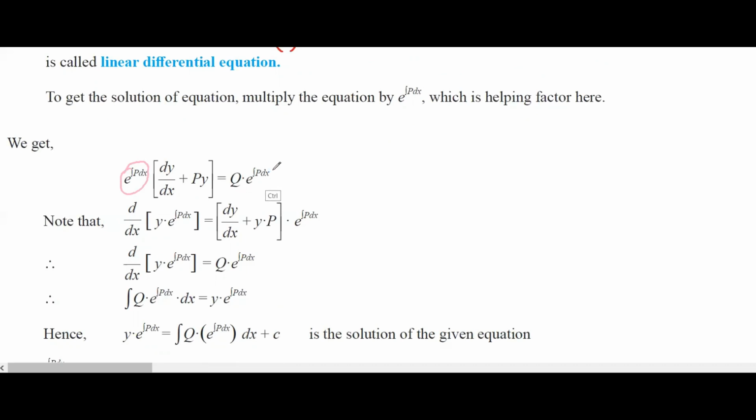Now you will see here the derivative of y e to the power of integration of p dx. Here you are going to apply u into v. When I'm applying u into v, first I will write u, then v, so the derivative of this.